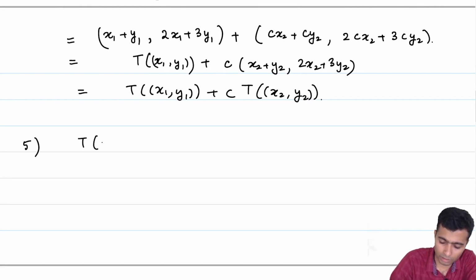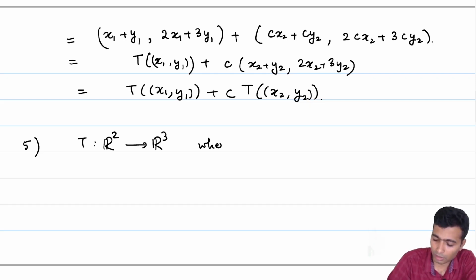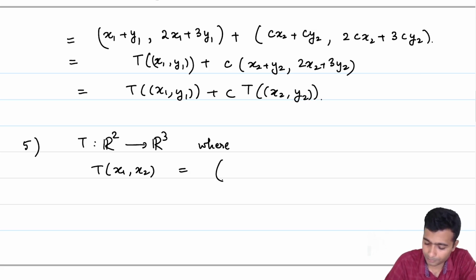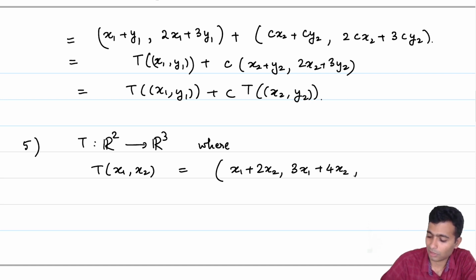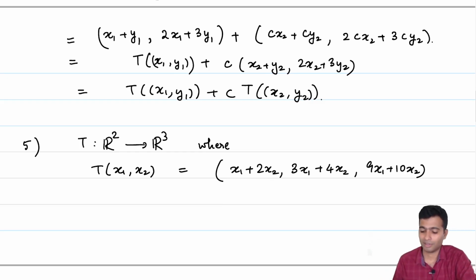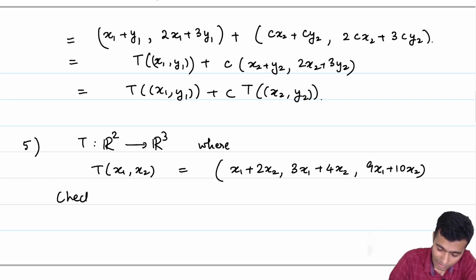Let T be a map from R2 to R3, where the map is given by T of (x1, x2) is equal to (x1 plus 2x2, 3x1 plus 4x2, 9x1 plus 10x2). Check that T is indeed a linear transformation.